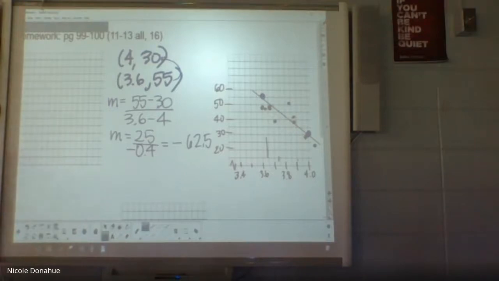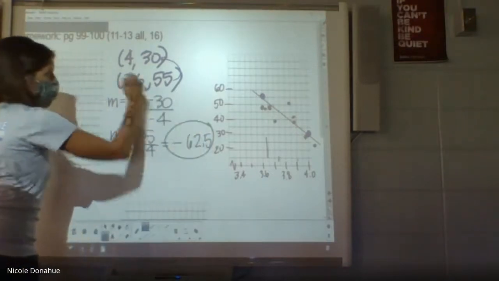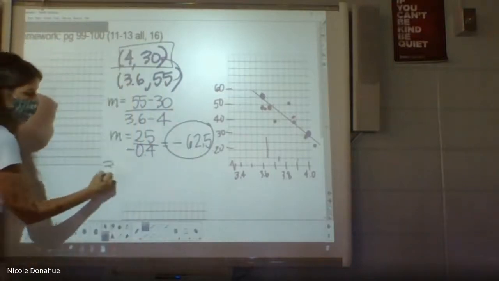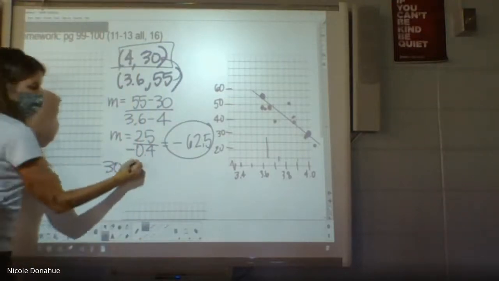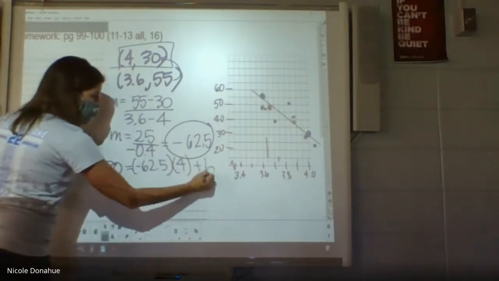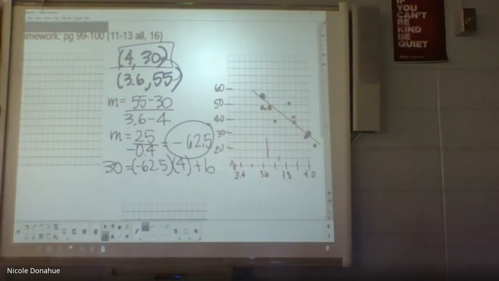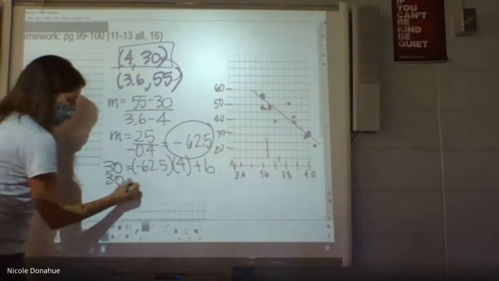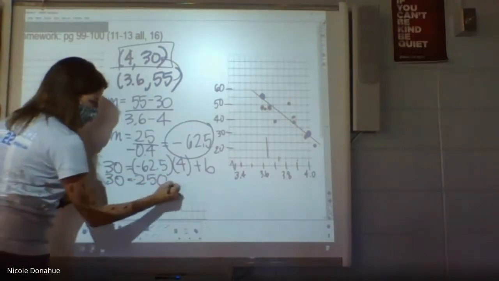So that's my slope. I need to now find my y-intercept. I'm going to use this point, so 30 is my y. This is negative 62.5 times 4 plus my b. That'll allow me to find b. That's negative 250 plus b, so 30 equals negative 250 plus b.